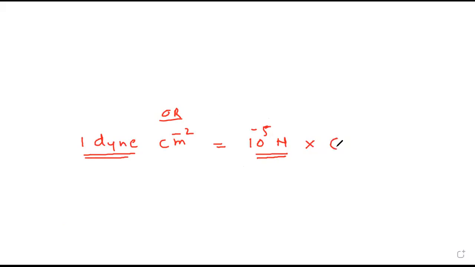And 1 centimeter is 10 raised to minus 2 meter. Power is minus 2, so 10 raised to minus 5 Newton, power multiply 10 raised to minus 2 raised to minus 2.